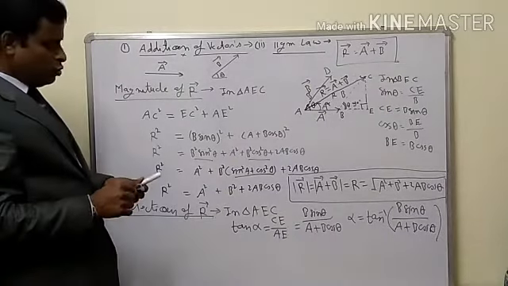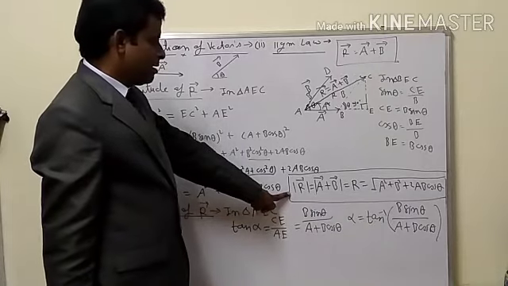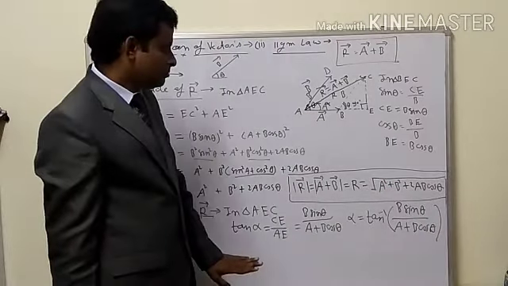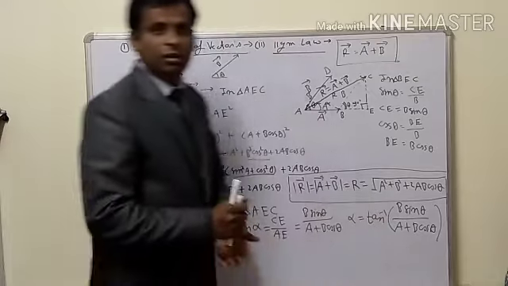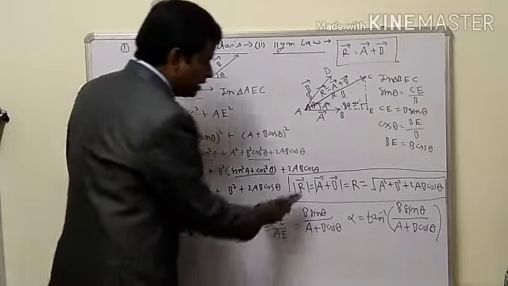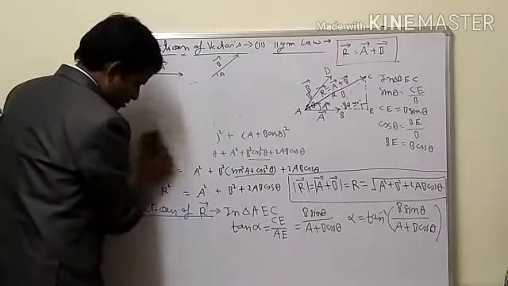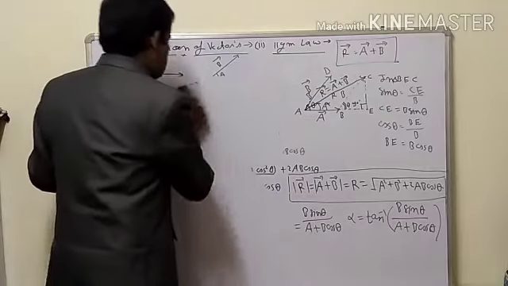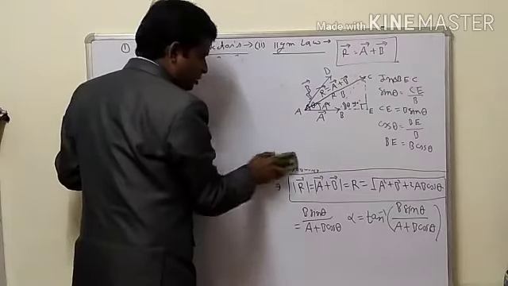So there are two formulas coming over here: magnitude of R vector is the square root of A square plus B square plus 2AB cos theta, and direction alpha equals tan inverse of B sin theta upon A plus B cos theta. Now these two formulas are very important for the numericals, and I am going to explain some cases related to these two formulas which will be important for you.